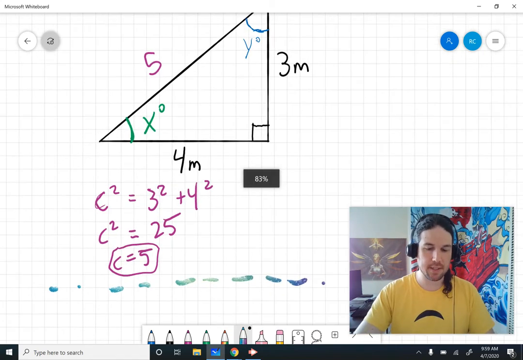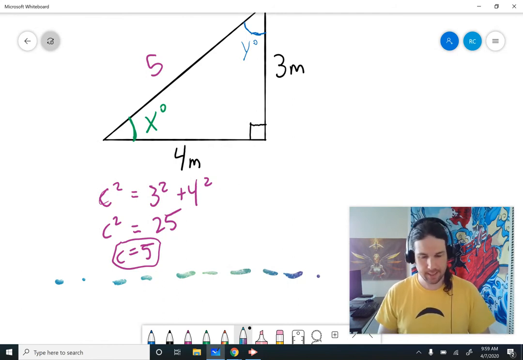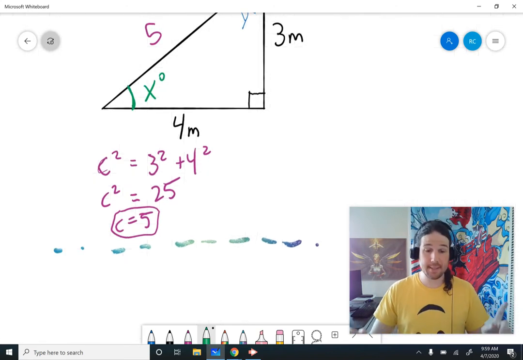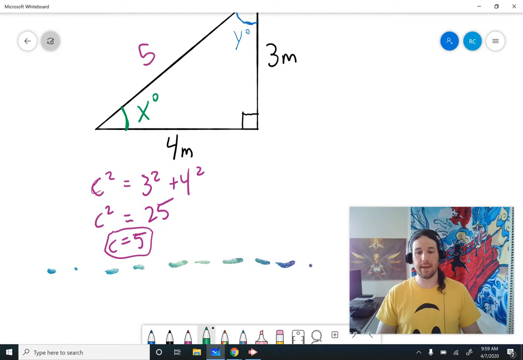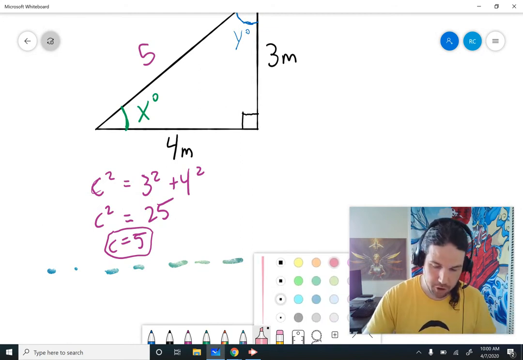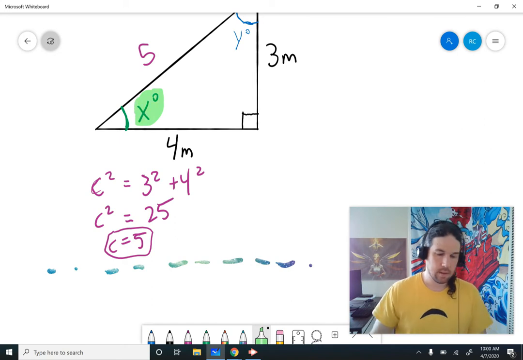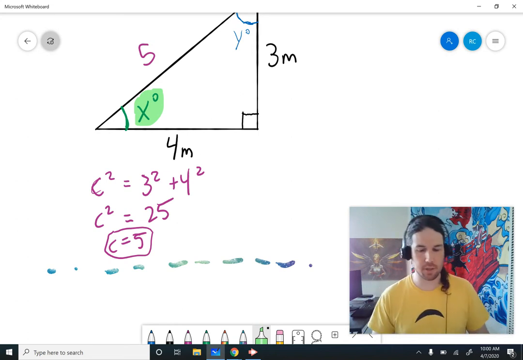Now I'm going to pick one of these at random to solve for first. Let's say x. Now, x is a tough one. We're solving for an angle rather than a side, right? We're solving for this angle, which, again, requires us to reverse our sine, cosine, and tangent.